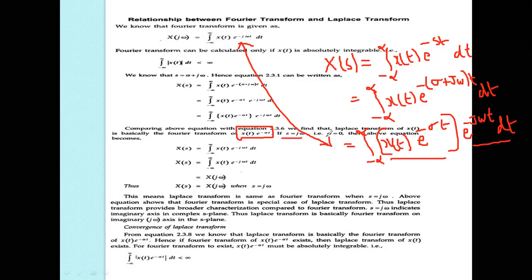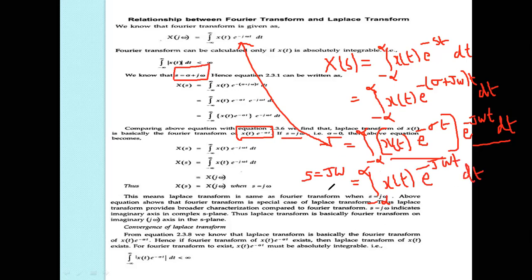If s is equal to j omega, that is, sigma is equal to 0 in the above equation, because here s is equal to sigma plus j omega. Integral minus infinity to infinity x of t, sigma is equal to 0 means e power 0 is 1, e power minus j omega t dt.